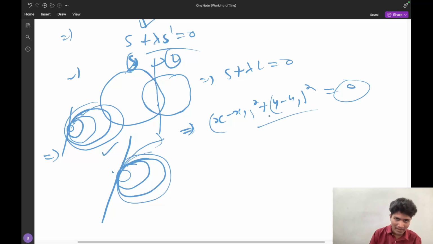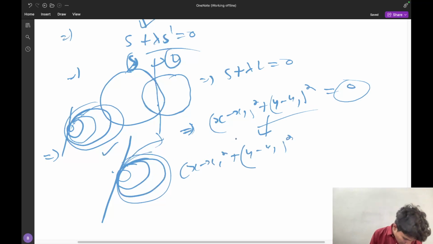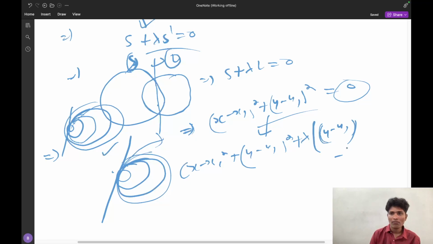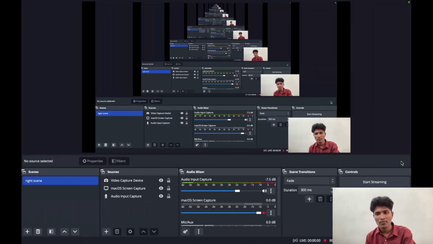And if I add lambda times the line equation, which is y minus y1 minus m into x minus x1 equal to 0, then this entire thing is the equation of the family of circles.